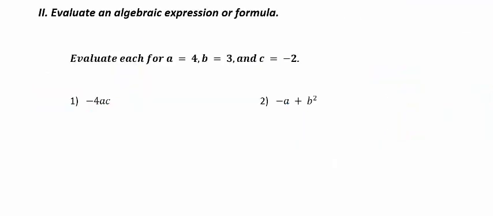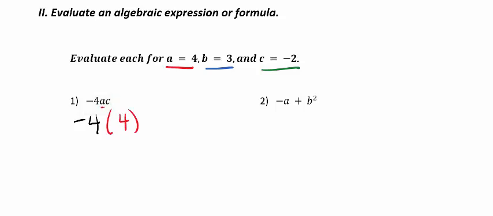Now I'm going to evaluate an algebraic expression or formula, and I'm given that A equals 4, B equals 3, and C equals negative 2. So I'm going to substitute those values in this expression. I have negative 4, and then in place of A, I'm going to put in a 4, because A is 4.